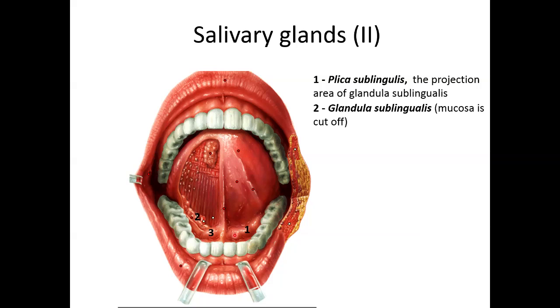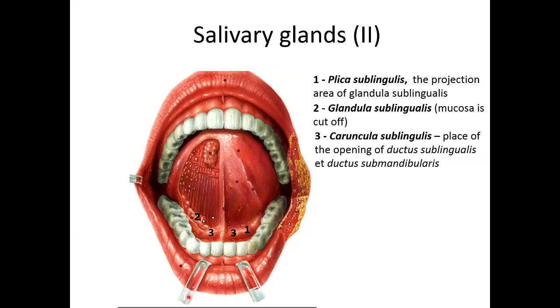What is number 3? Here from the left side, number 3. What is it? Number 3 is caruncula sublingualis. Caruncula sublingualis is the place of opening of ductus sublingualis and ductus submandibularis.